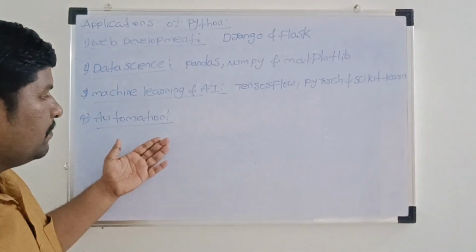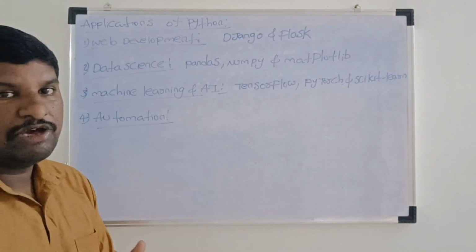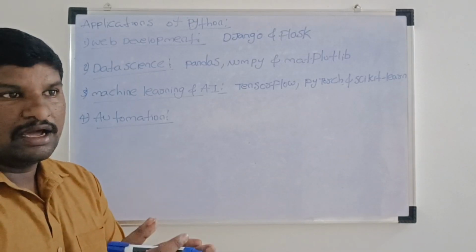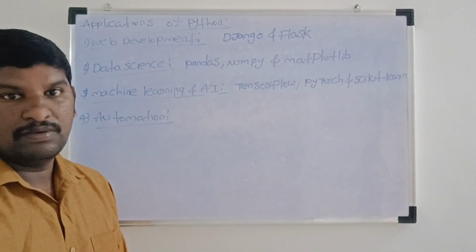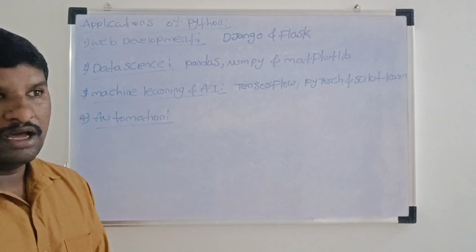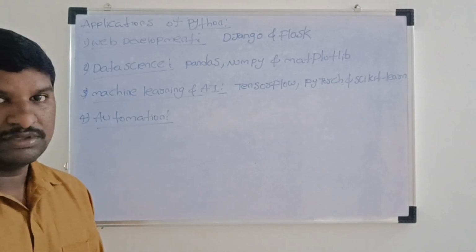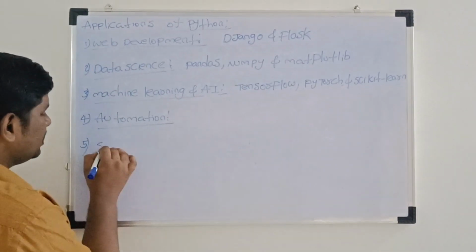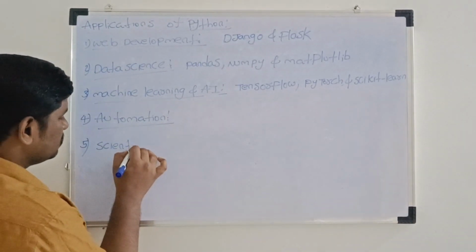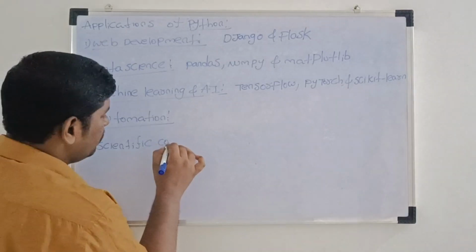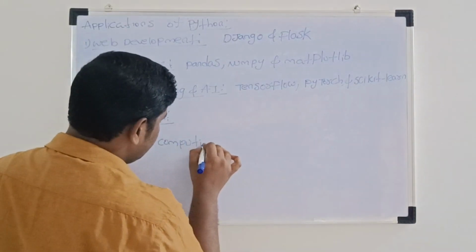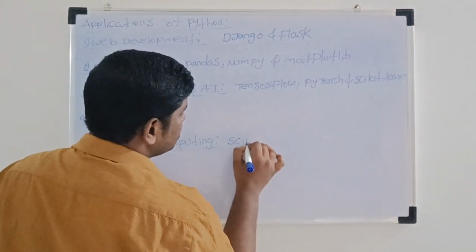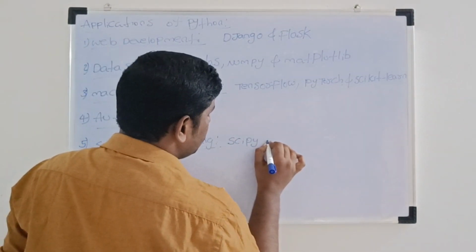Here Python helps you make your computer do things automatically, like collecting information from websites and filling out forms, like that. Okay, and next fifth one, scientific computing. Here, SciPy and NumPy.